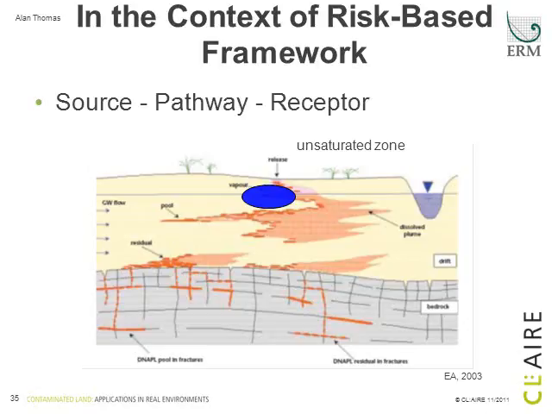So this diversity of in situ bioremediation approaches can actually address each element of the source pathway receptor linkage, but clearly each will have very much site-specific evaluation required to see how appropriate they are in any of these given situations.